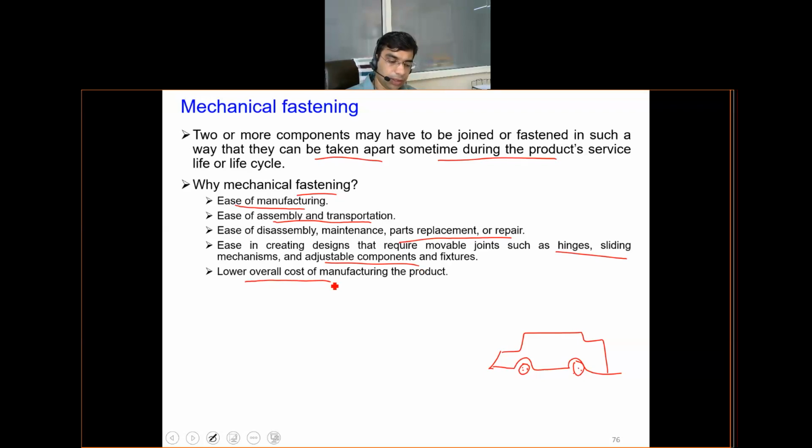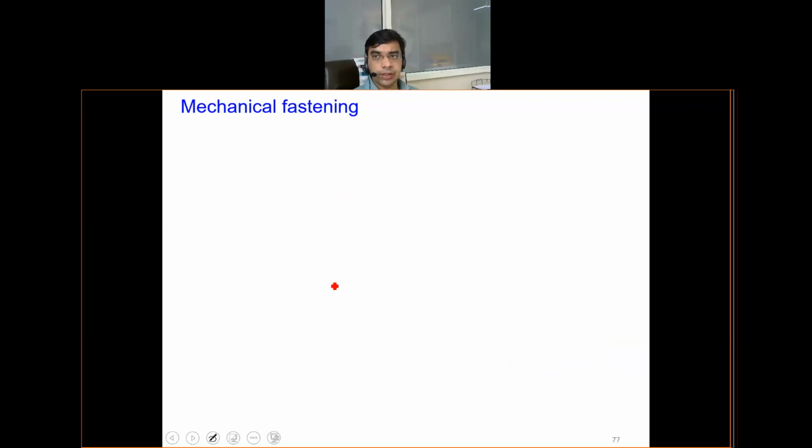So if you can do a joining process with nut and bolt, or you can join using welding, and suppose there is no importance of creating a temporary or permanent joint, just the objective is to join, then perhaps nut and bolt will be the low cost alternative instead of welding. So that is important to understand.